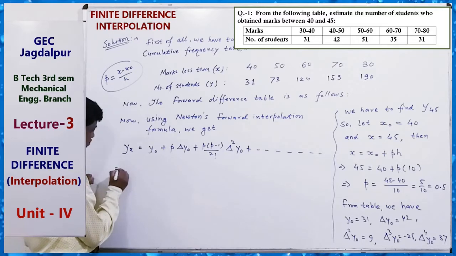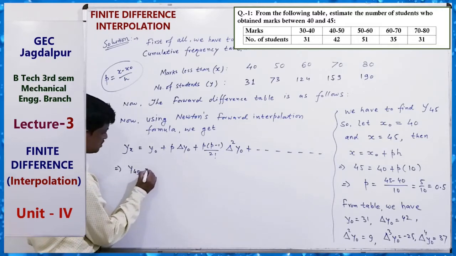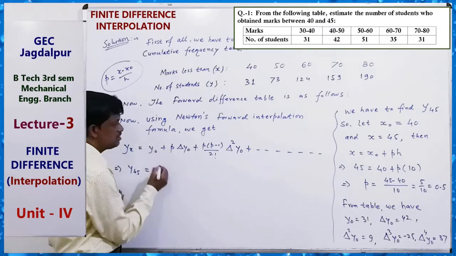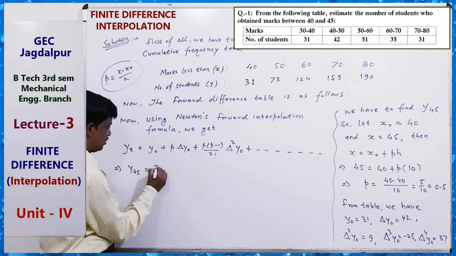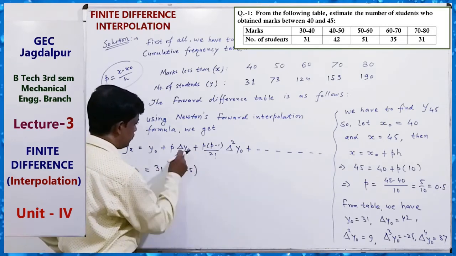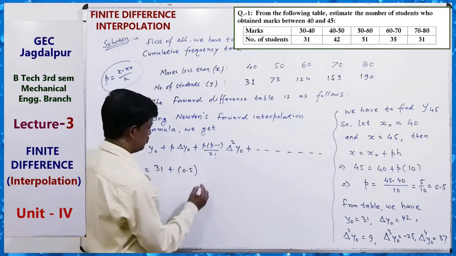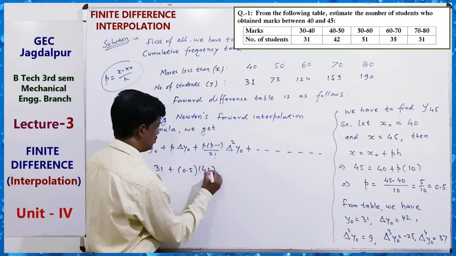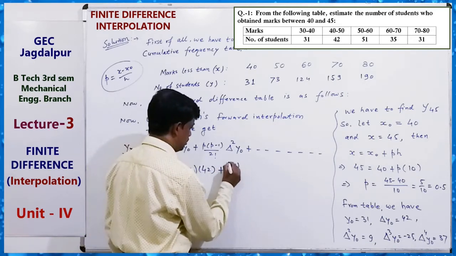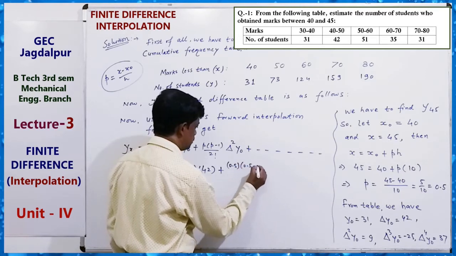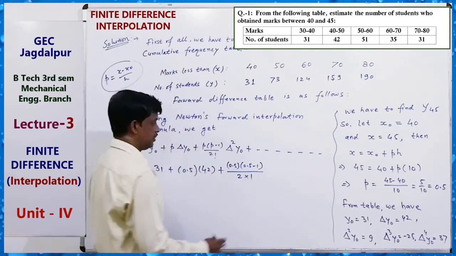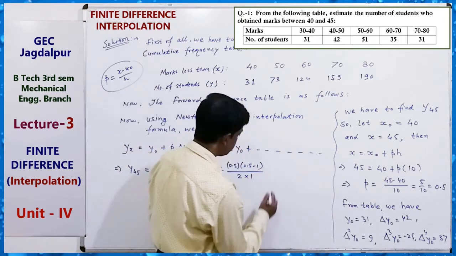Now y x means y45, we require this value, equals y0 31 plus p 0.5 first difference 42 plus p minus 1, 0.5 minus 1 upon 2 factorial, 2 into 1, second difference 9.